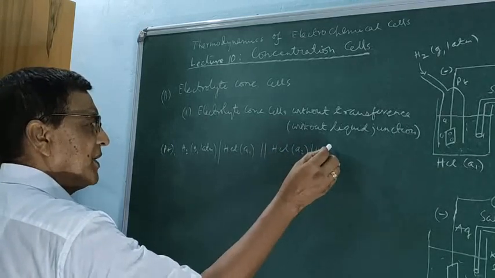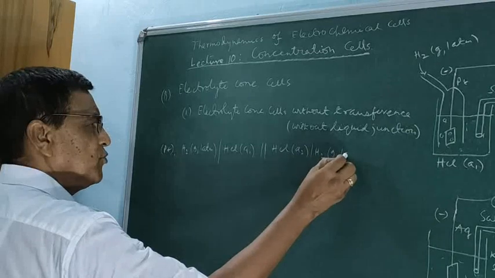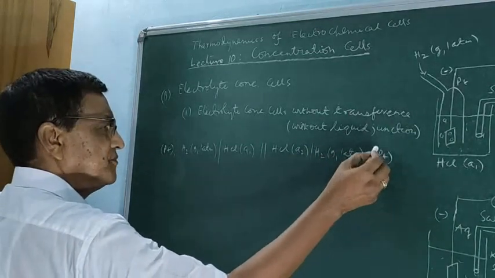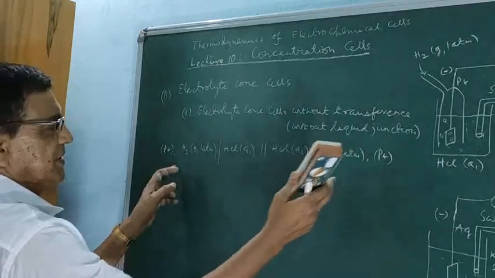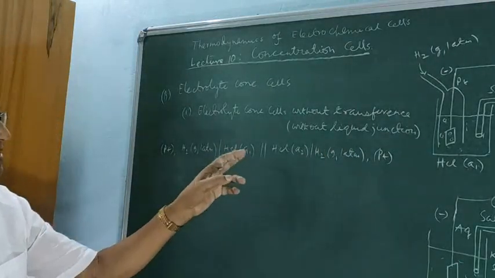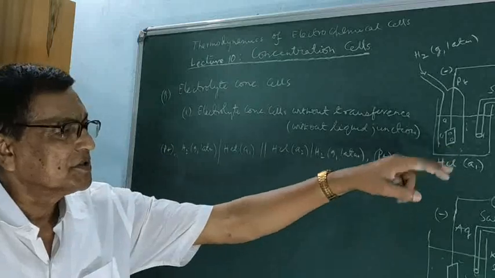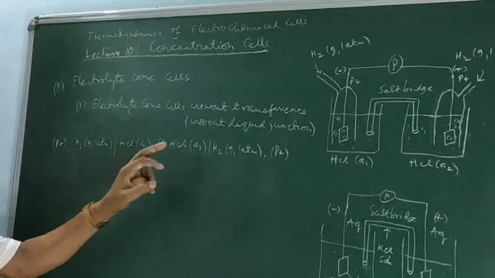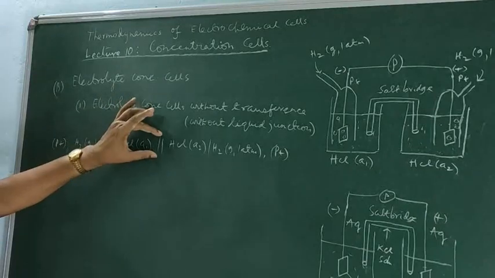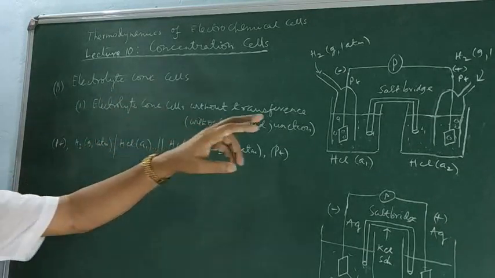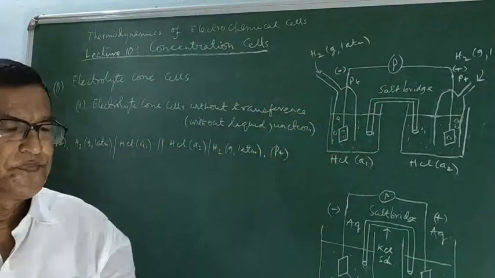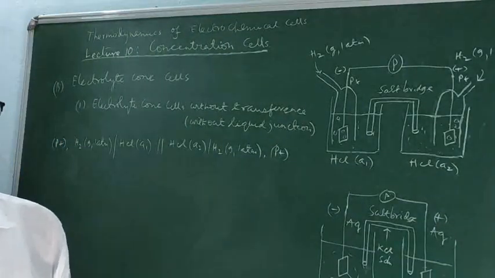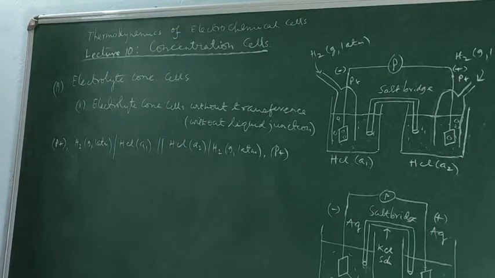Here hydrogen gas at 1 atmosphere, same, and here platinum. So these electrodes are the same. They are dipped in solutions of the same electrolyte, but differing in activities A1 and A2. Here the salt bridge is inserted, and the salt bridge will not eliminate, but it will minimize the liquid junction potential.